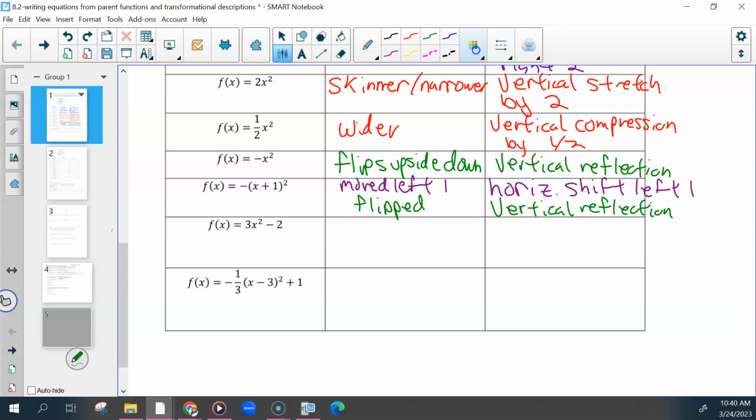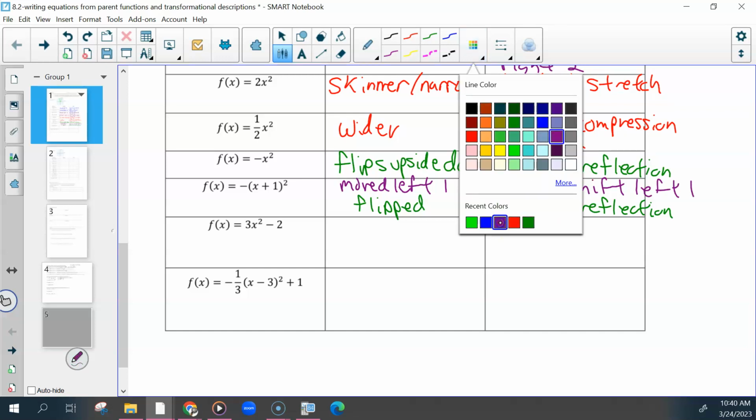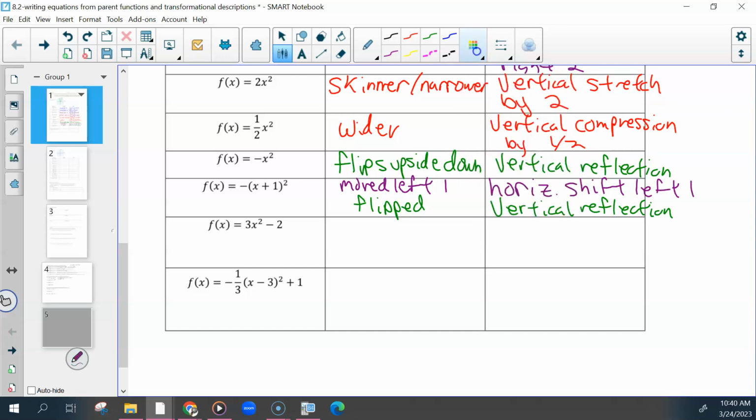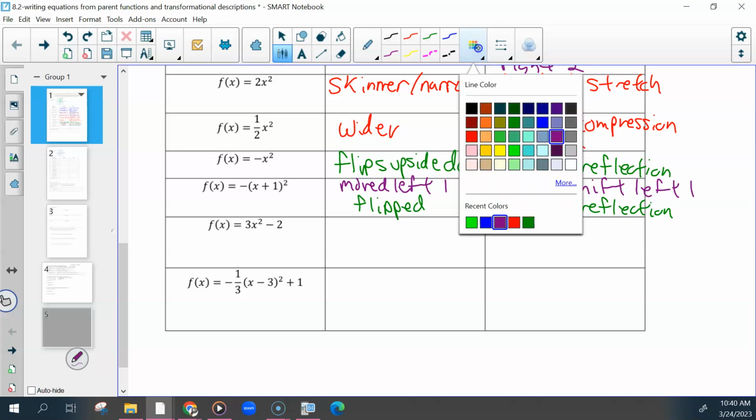It did move down, but not by 3. By 2. So I'll write that one. And then it didn't move left. It did do something with this 3 though. It did get narrower. Yes.